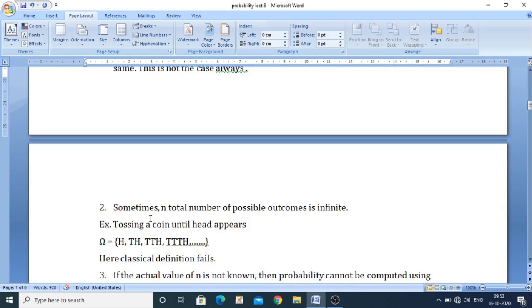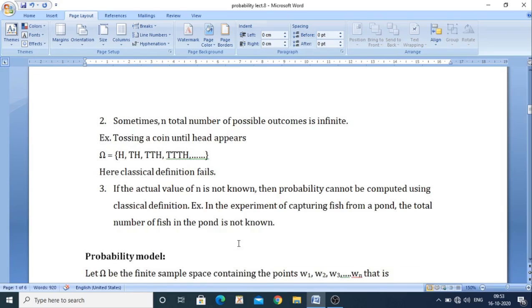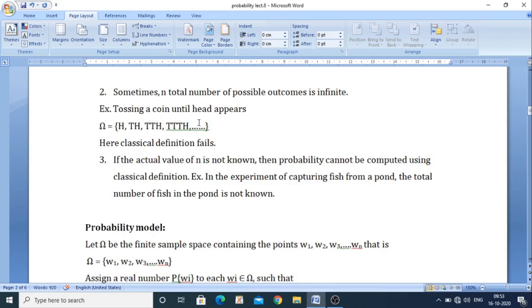An example is tossing a coin until a head appears. Until a head appears means H, TH, TTH and so on. So we don't know exactly how many outcomes there will be. In such a situation, n is infinite and we cannot find the ratio m upon n, and that's why P of A cannot be calculated. So that is the limitation.